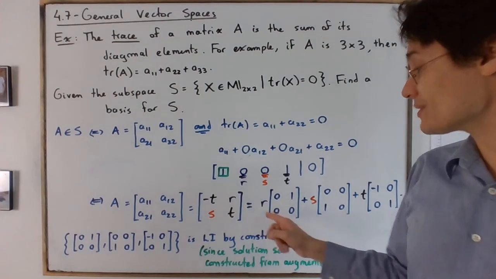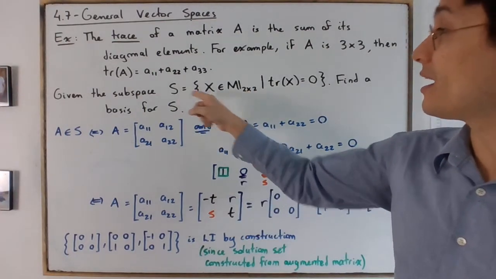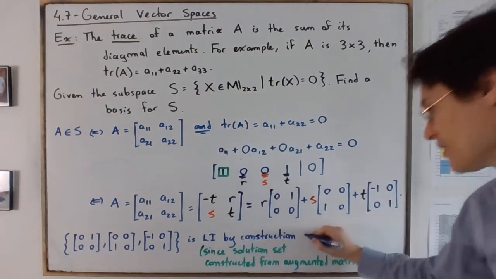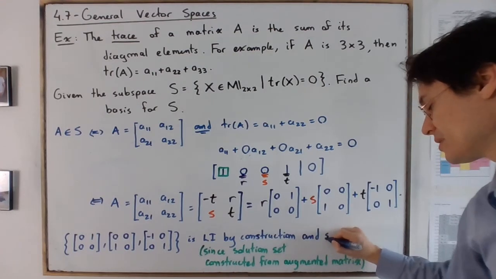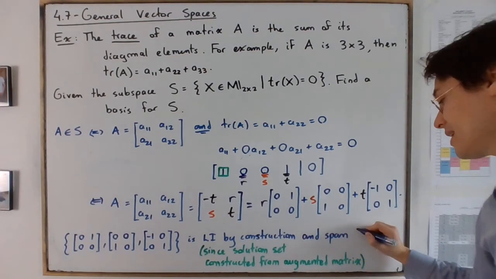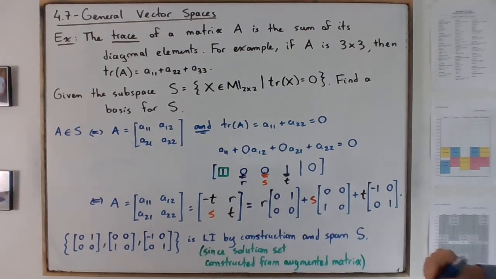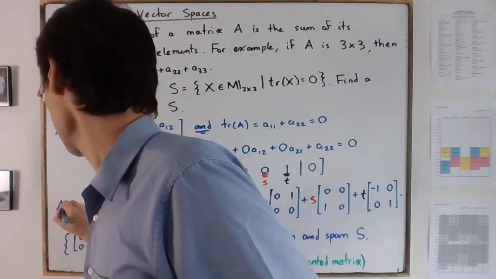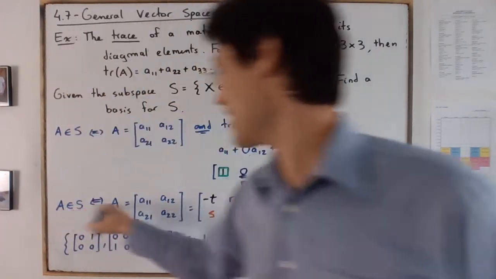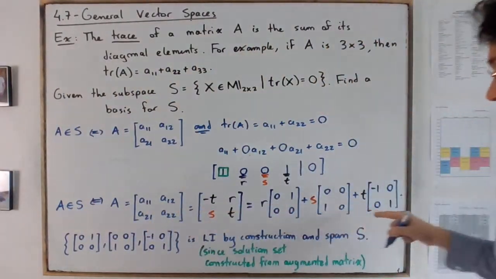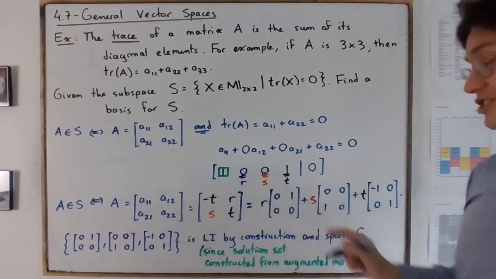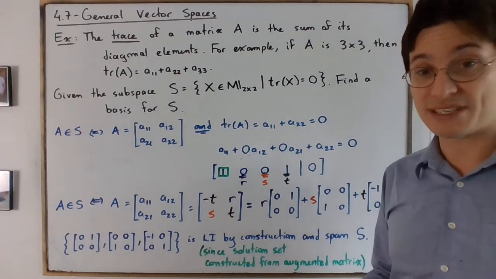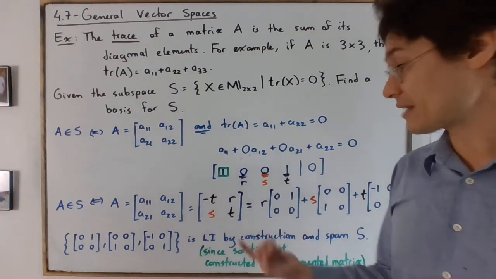You also know that they span S. The reason you know that they span S is because A is in S if and only if A is a linear combination of these three matrices.